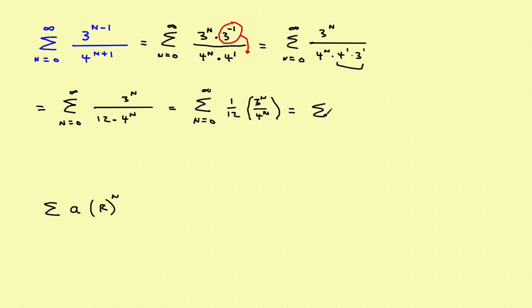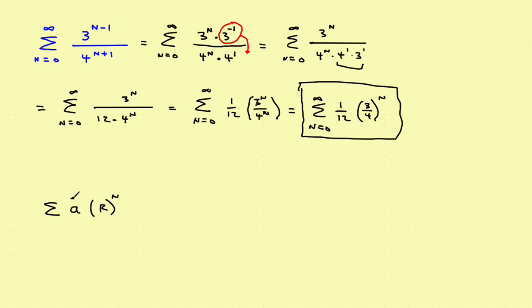Take this one, summation n equals 0 to infinity of 1/12. And now, since both those are raised to the n power, you can write this as 3/4, the whole thing raised to the n power. Now finally, after all this work, you've got it in the form of a geometric series.